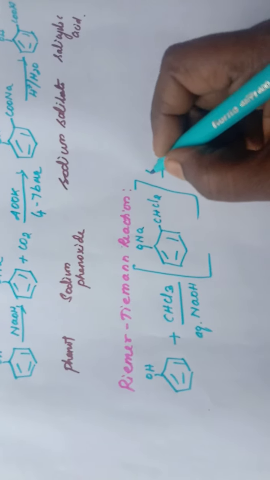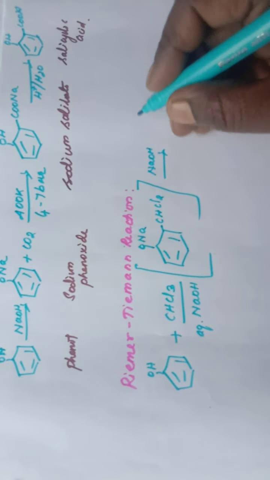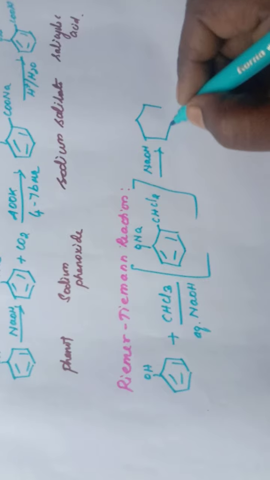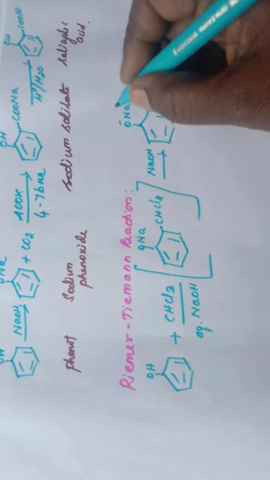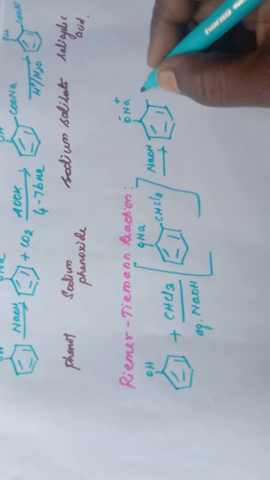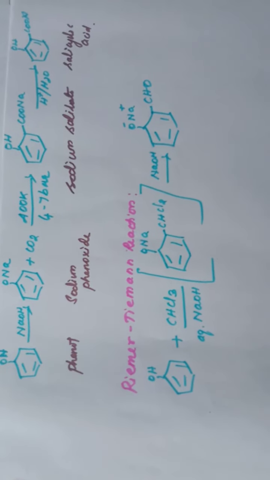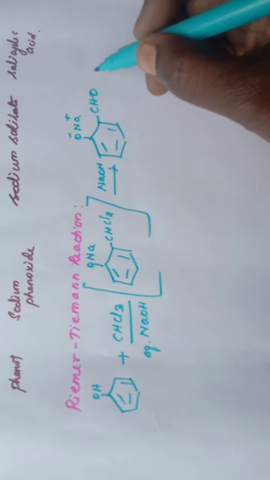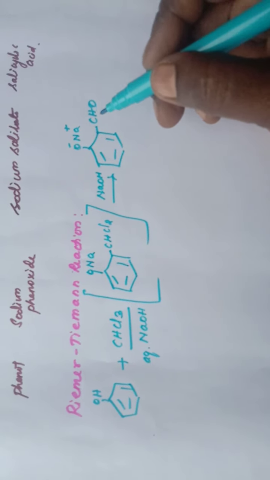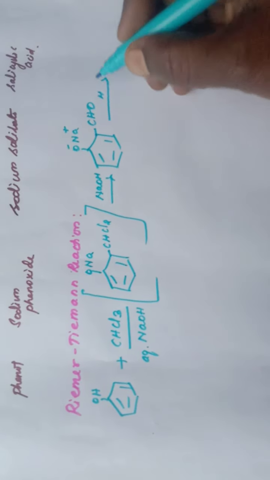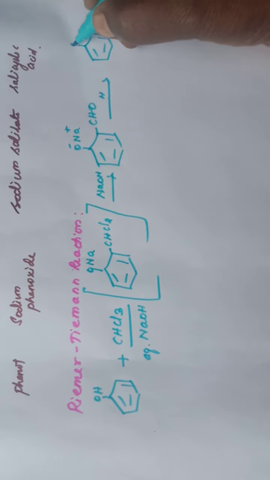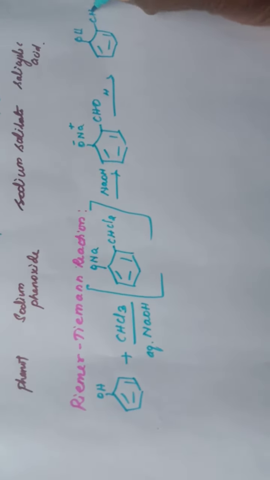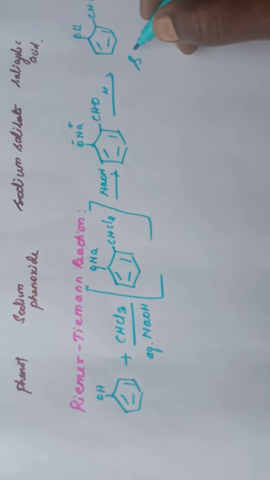Then when it is treated with sodium hydroxide, an aldehyde group is introduced in the ortho position, so it gives salicylic aldehyde.